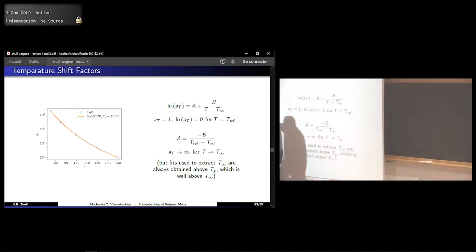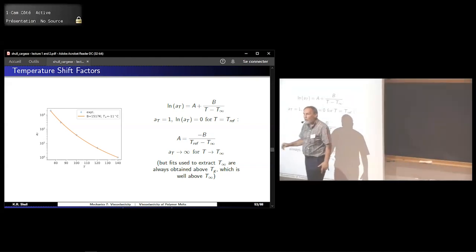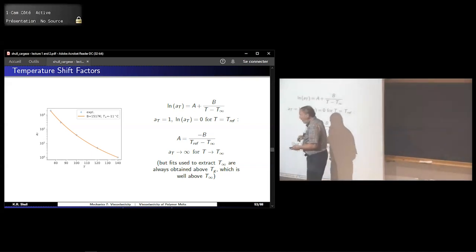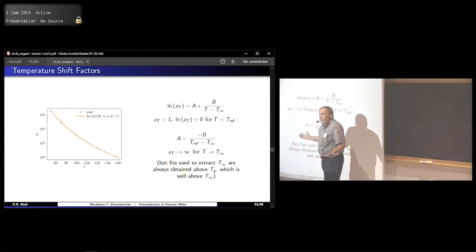It turns out that this number, 1500 Kelvin, is fairly universal. It's almost always between 1 and 2000 for standard polymers. And this T infinity is usually, as a rule of thumb, about 50 Kelvin below the glass transition temperature. That determines the curvature where this would extrapolate up to infinity, so you're determining this by fits well above T infinity.